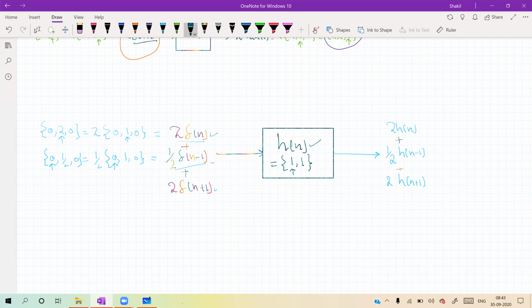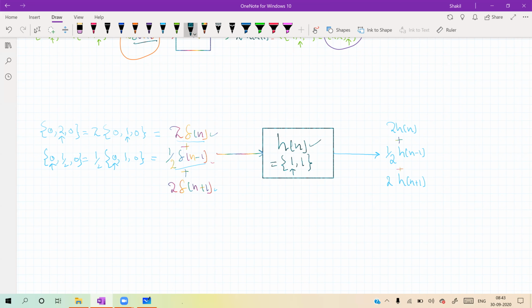Now the input is 0, 1, 0. Delaying the input by 1 sample, and the 1 by 2 means scaling every sample point by 1 by 2. So if you scale the sample point by 1 by 2, this is the input.